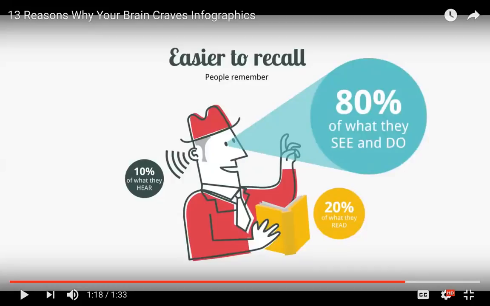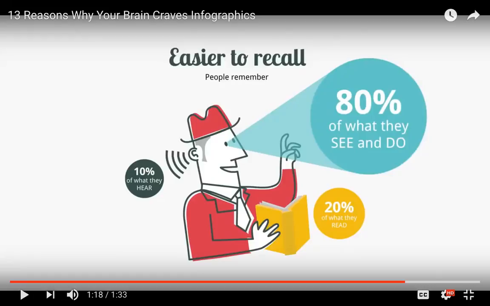It's showing us some different percentages, right? And it's using shapes. What other kinds of things? Yep, exactly. It's showing how we relate to these different things: hearing, reading, or seeing and doing.